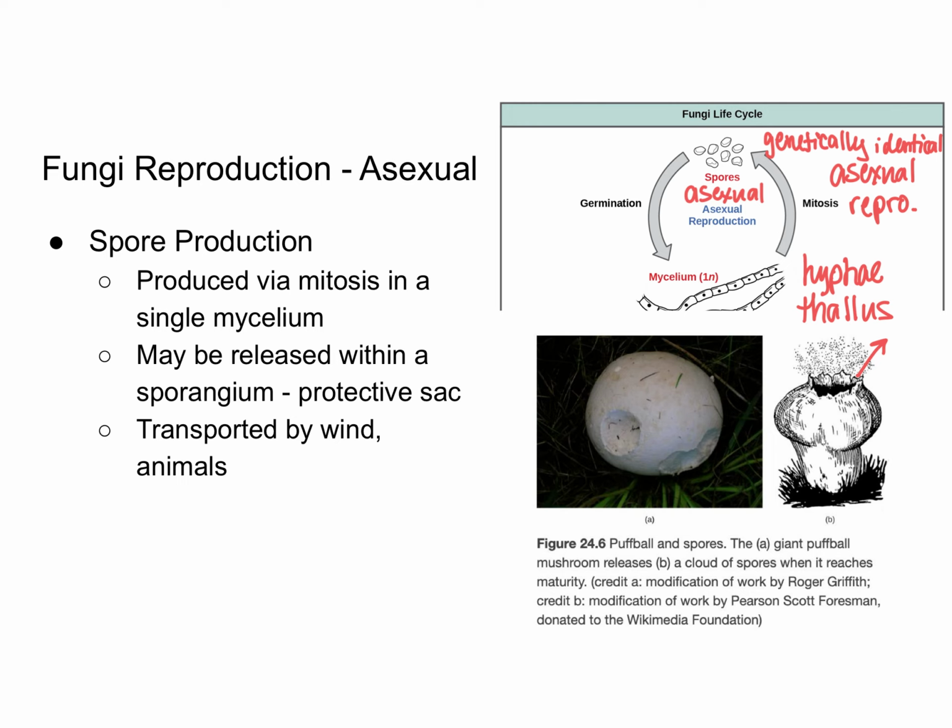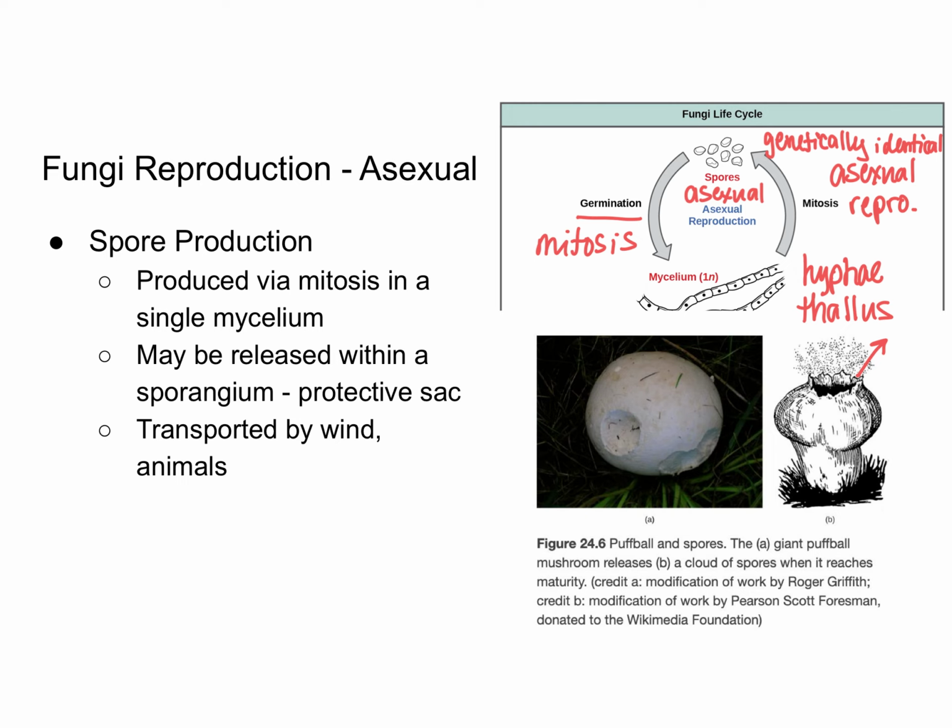So germination occurs when that spore lands in an area that is hopefully beneficial to its survival. So if that spore lands in an area where it has the nutrients and environment that it needs, it can start going through mitosis in order to form a new mycelium. And then that new mycelium can ultimately produce a new fungal organism.